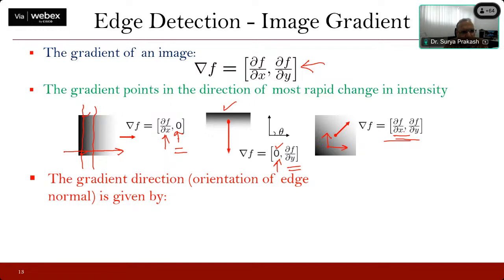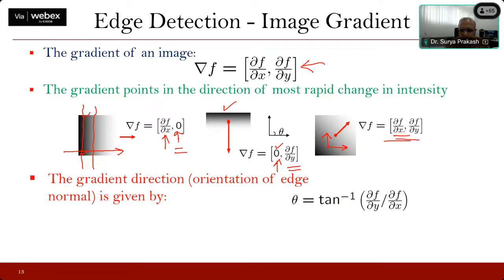You can compute the gradient direction also, because as I said, gradient is a directional quantity. By using the x and y components available in the gradient, you can compute theta, or the orientation of the edge.